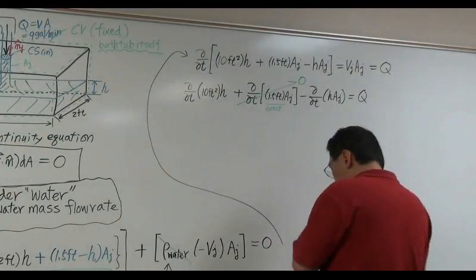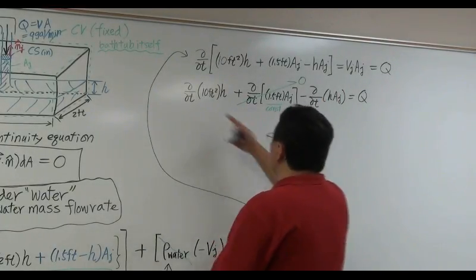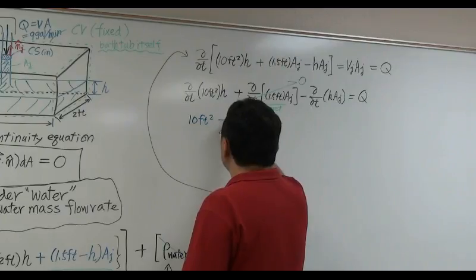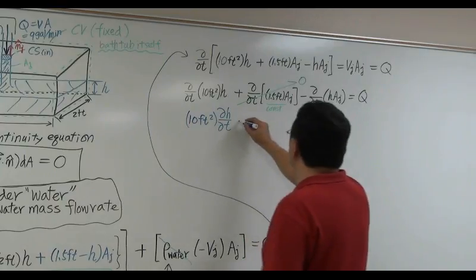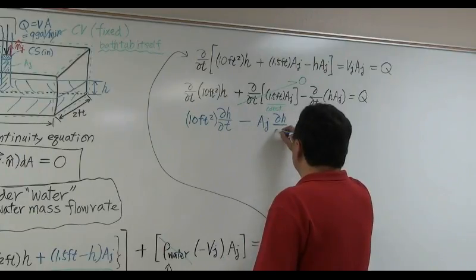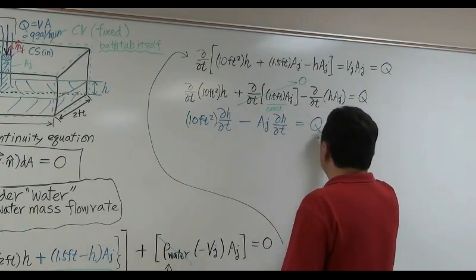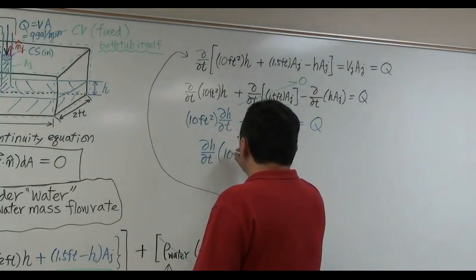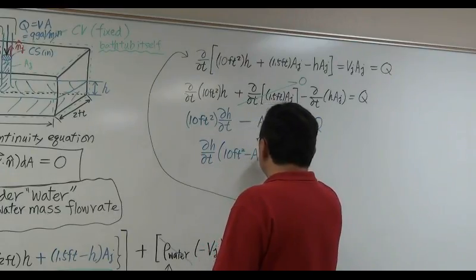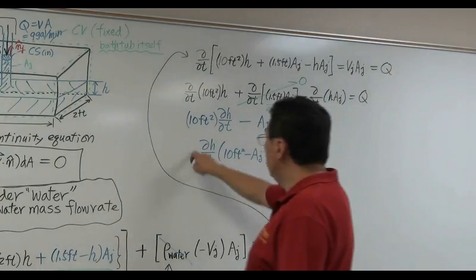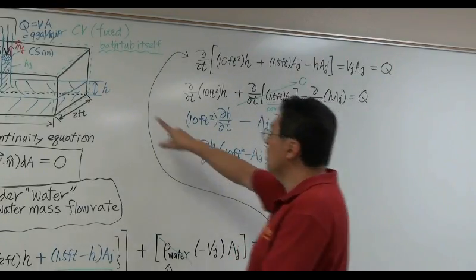This one will become 10 feet square times dH/dt. This one is A_j times dH/dt, and the right-hand side is Q. So dH/dt times (10 feet square minus A_j) is equal to Q. The question is, what is dH/dt, the rate of change of the water depth?